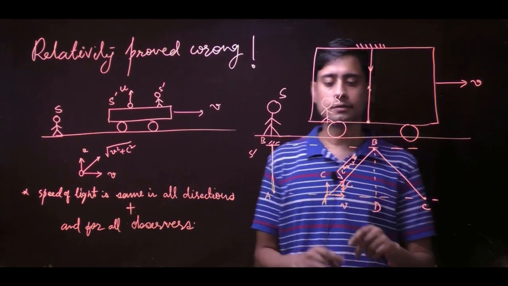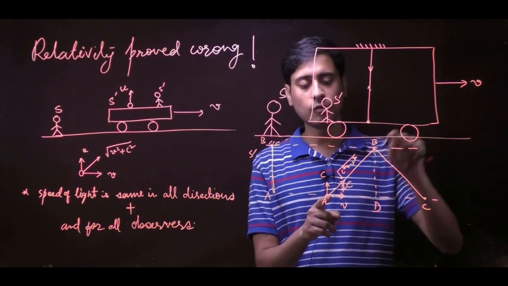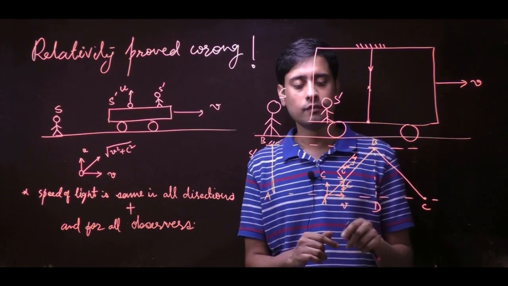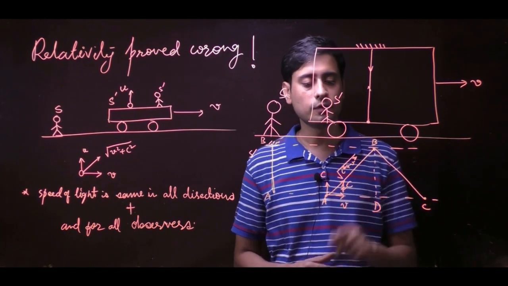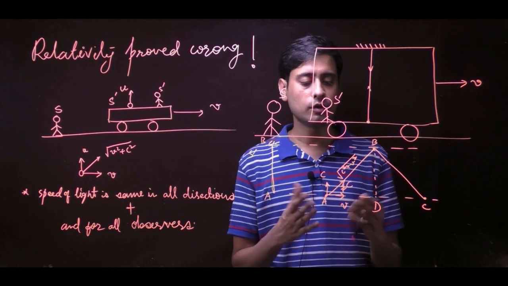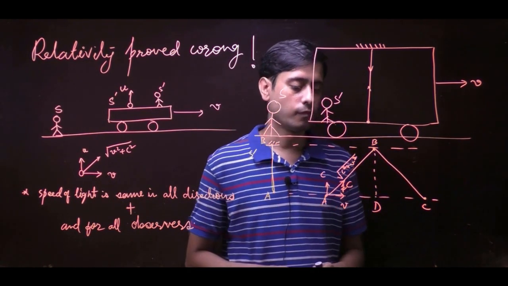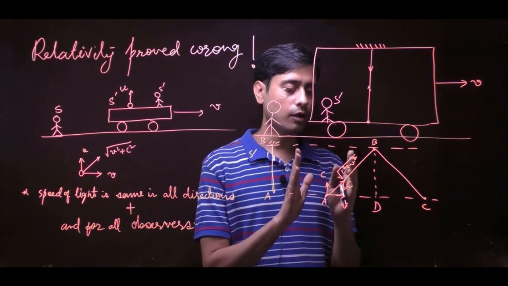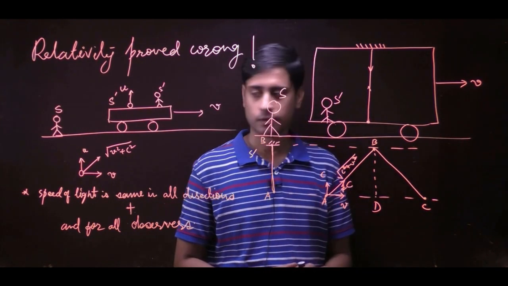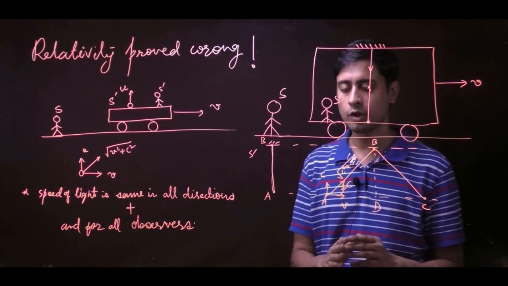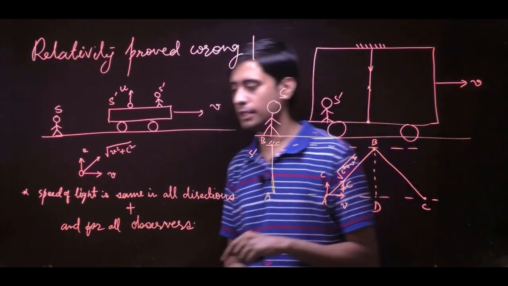So this beam of light must be moving with square root of c square plus v square and not with the velocity c. This must not be c, but its value should be this.